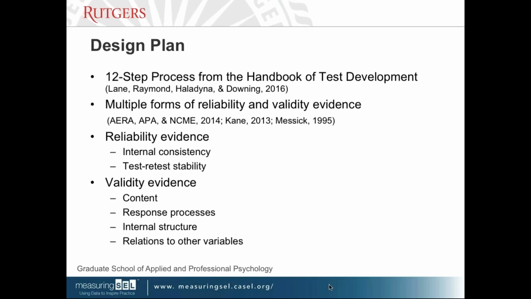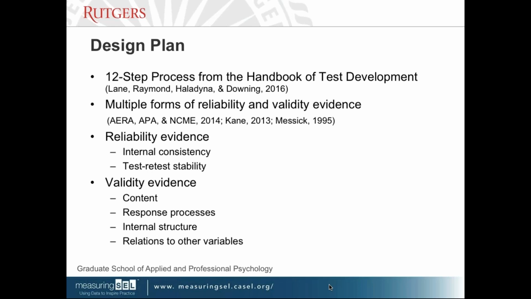We're valuing multiple forms of reliability and validity evidence consistent with the AERA, APA, NCME standards for educational and psychological testing, and also consistent with seminal works such as Messick's 1995 paper on how construct validity is overarching the other types of validity evidence, and Kane's 2013 writing and subsequent writing about how our validation plan should be informed by the intended uses of the measures and intended inferences from them.